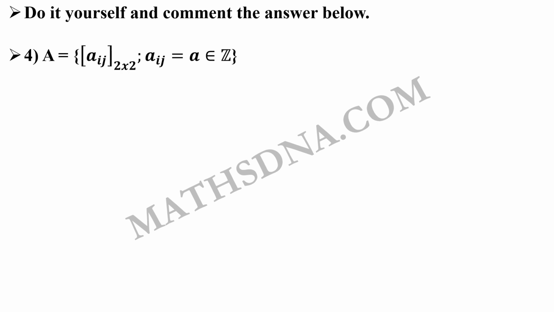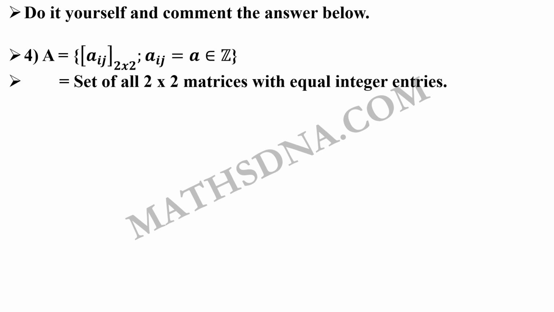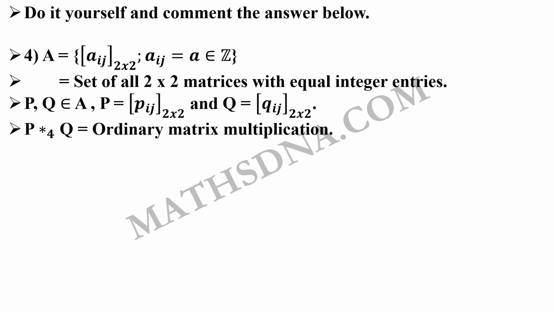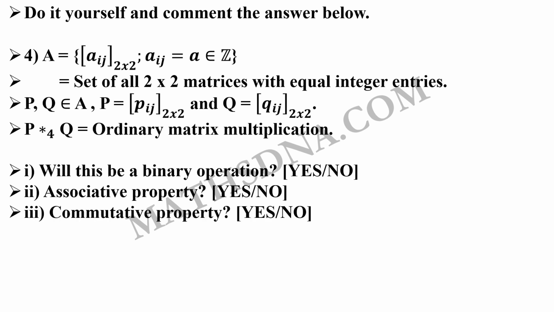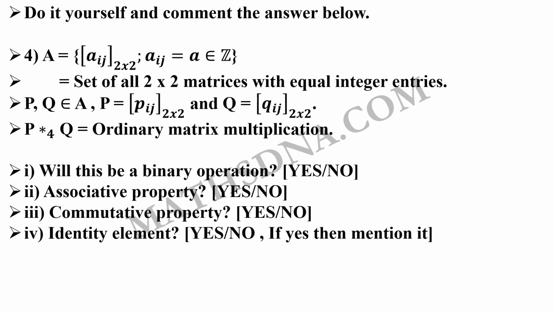The fourth one, the set is again taken as the set of all 2 cross 2 matrices with integer entries but equal integer entries, and we are now defining P star 4 Q as ordinary matrix multiplication. You have to check four things: whether it is a binary operation or not, associative property, commutative property, and identity element. If yes, mention the identity element and also check whether it is in the given set or not.